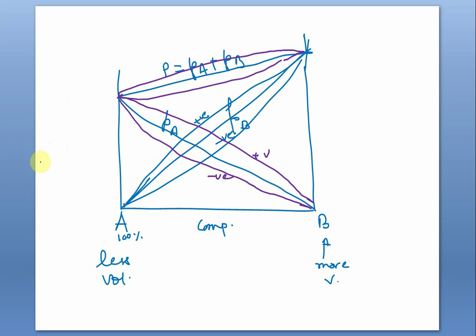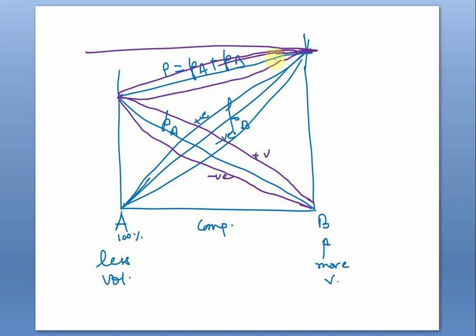But now you see, in case of the total graph, the total vapor pressure is above the expected line. This is the ideal line, and the actual line is above it or below it. If it is above it, none of the points is going above this mark. This is the vapor pressure of pure B, the more volatile liquid.